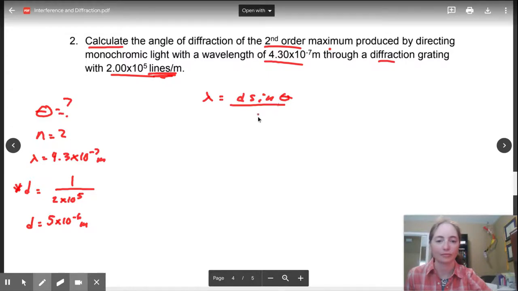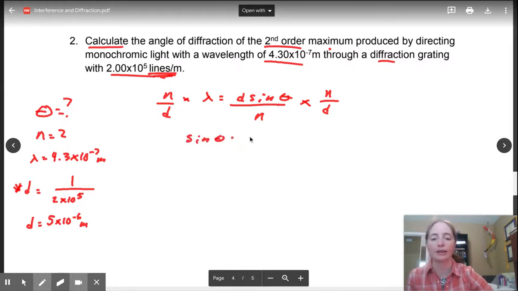I'm going to rearrange it so that I can get my sine theta. I'm going to multiply both sides by n over d. Those all cancel, and I'm going to wind up with sine theta, which is n times my lambda divided by d.